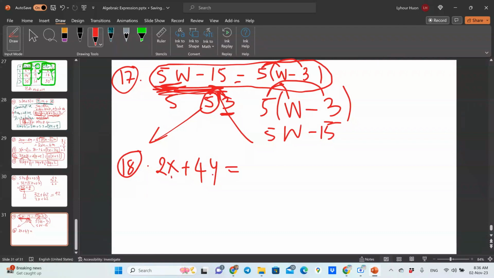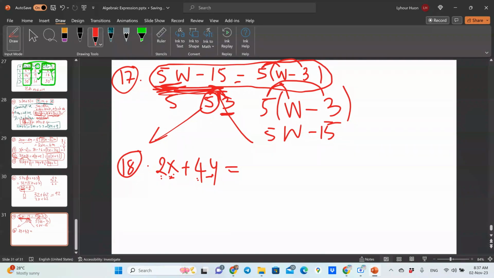The x and y are different items, so we cannot take out the variable, because they have different variables. This is x, this is y, totally different. 2 and 4, do they have something in common? They're both whole numbers, both even numbers.